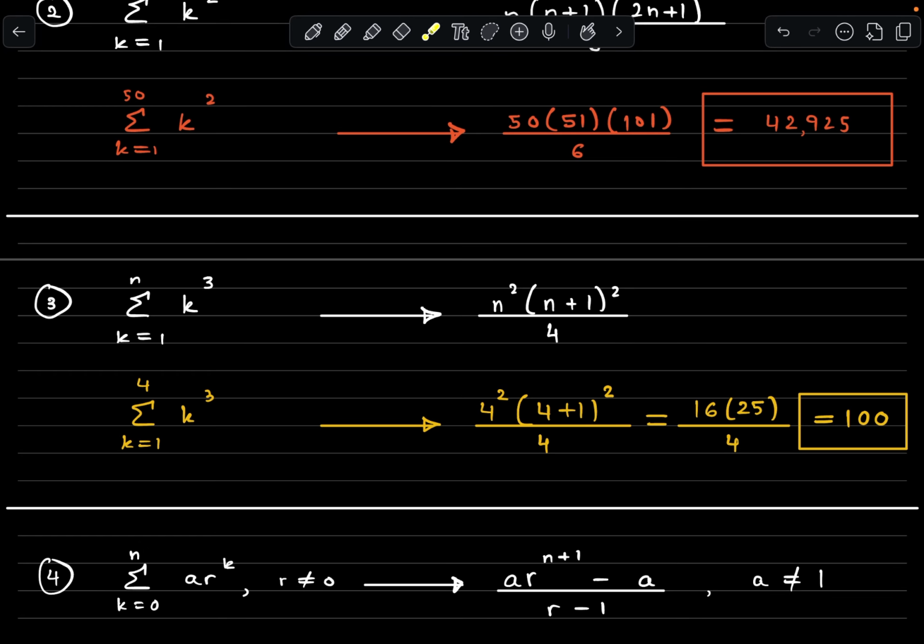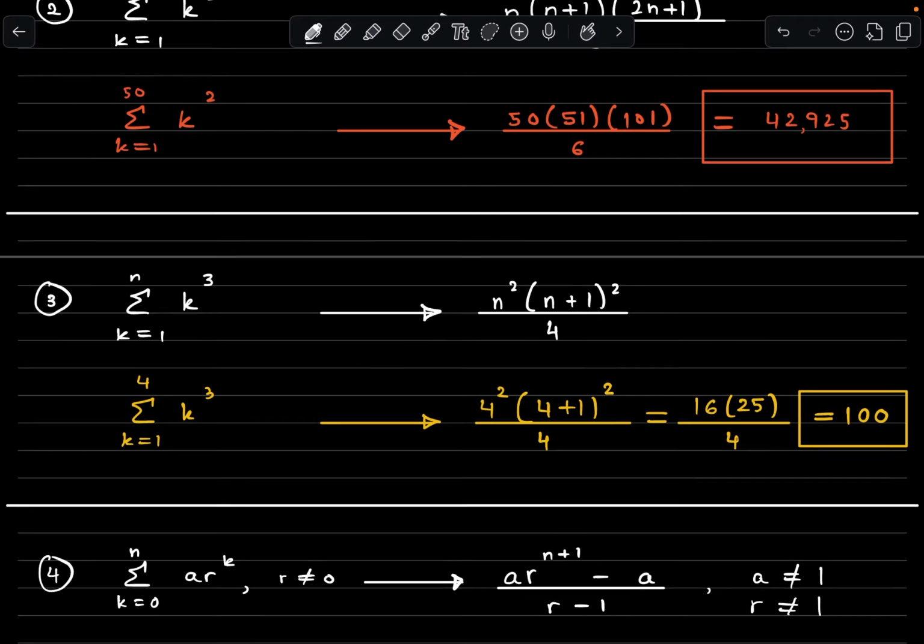And then this summation is going to come out to a times r to the n plus 1 power minus a, divided by r minus 1. And this may be written in a different format if you know it from calculus. Here, a is not going to be equal to 1, and r actually cannot be equal to 1 either. Otherwise, we'll have an undefined denominator here, right?